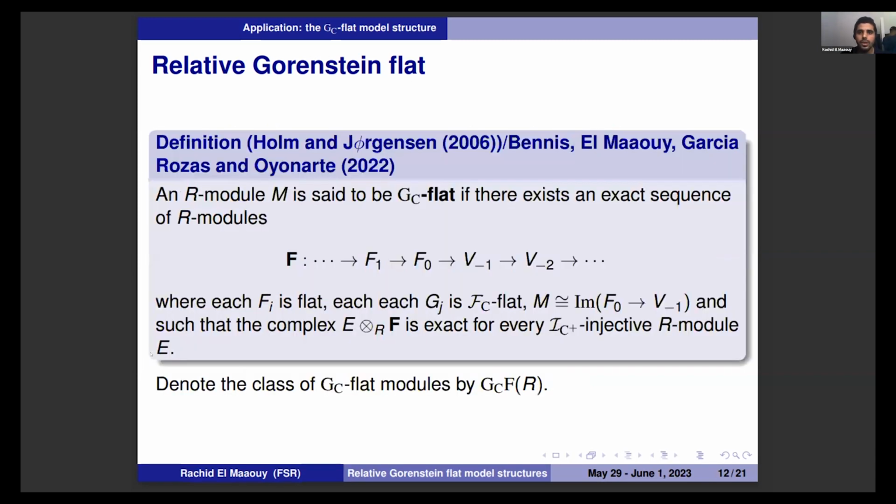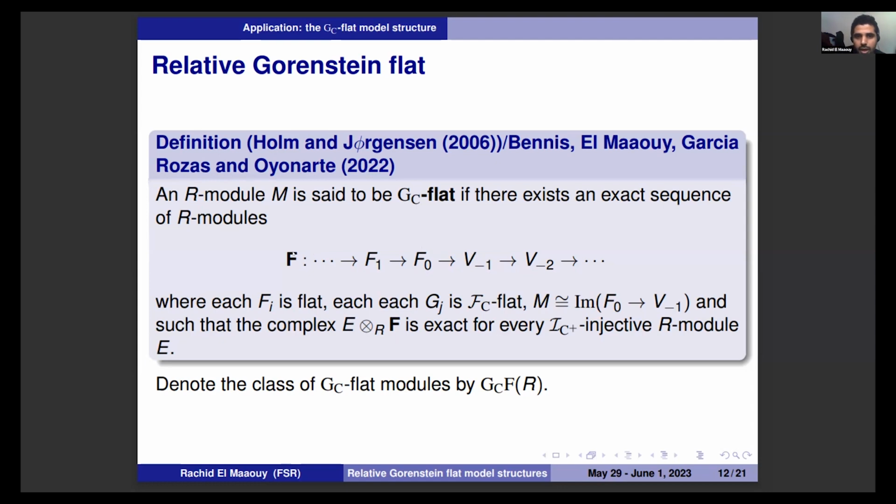So now we are ready to talk about the main concept of this presentation. An R module M is said to be GC flat if there exists an exact sequence F such that the module that we are talking about is the image of this morphism.